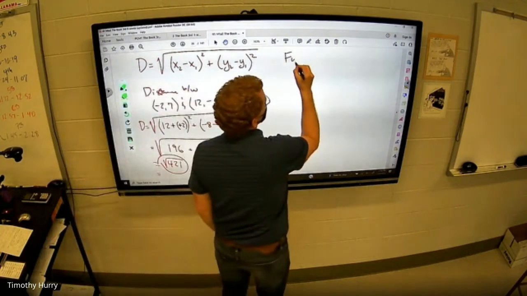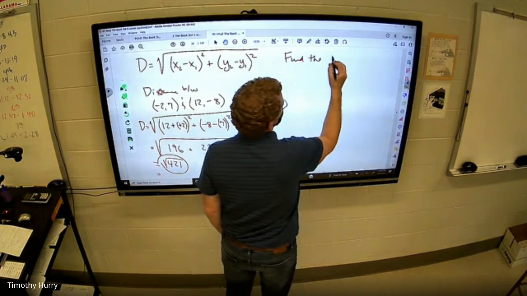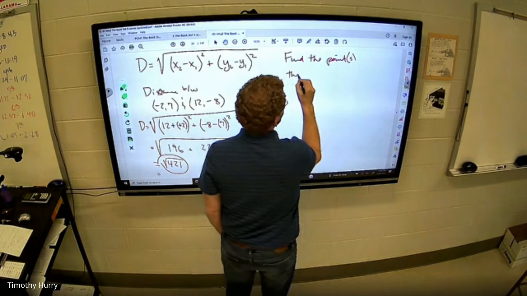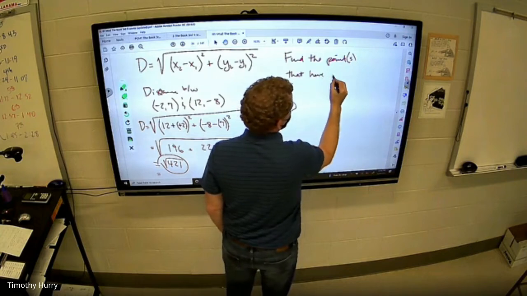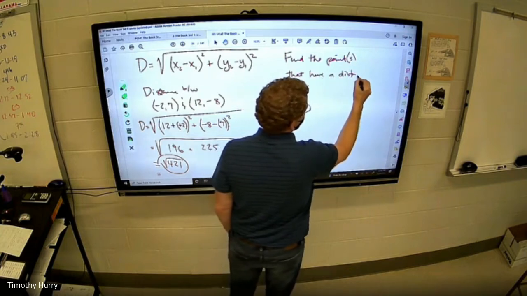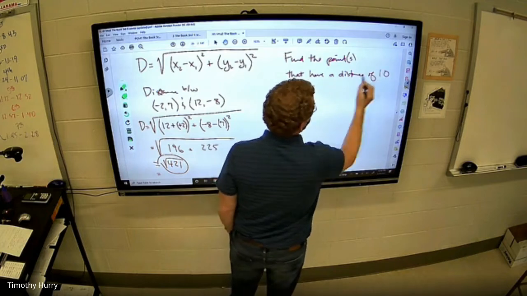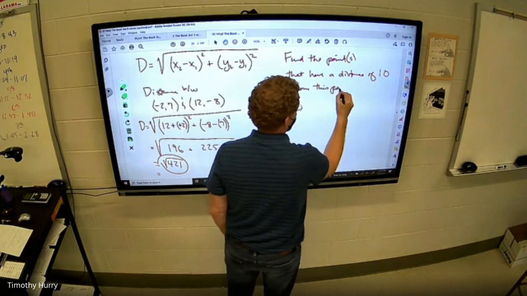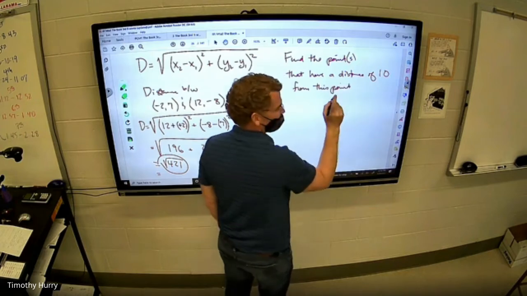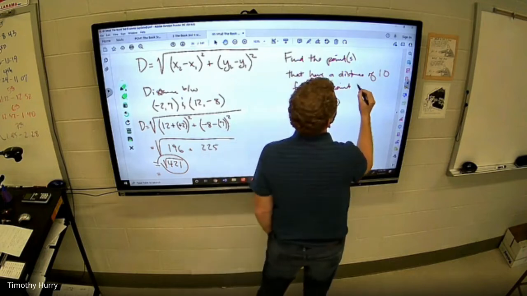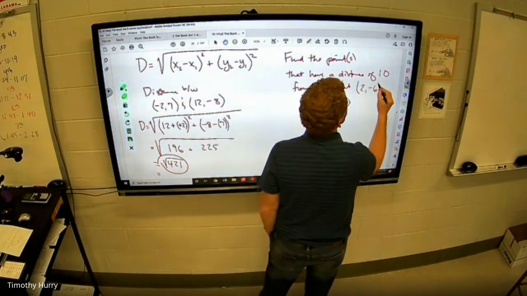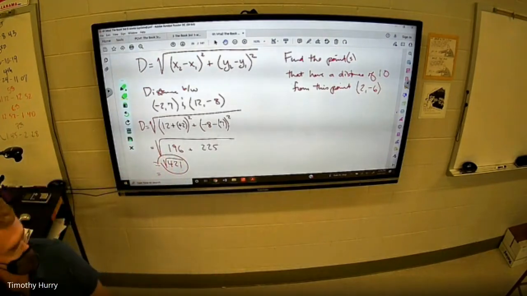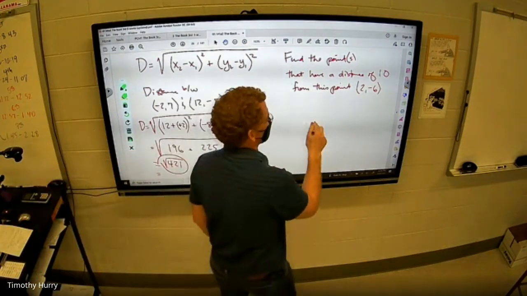Find the point or points that have a distance of 10 from this point. I'm going to clean that up in a second. So this point, 2, -6. Find the point or points that have a distance of 10 from that point.